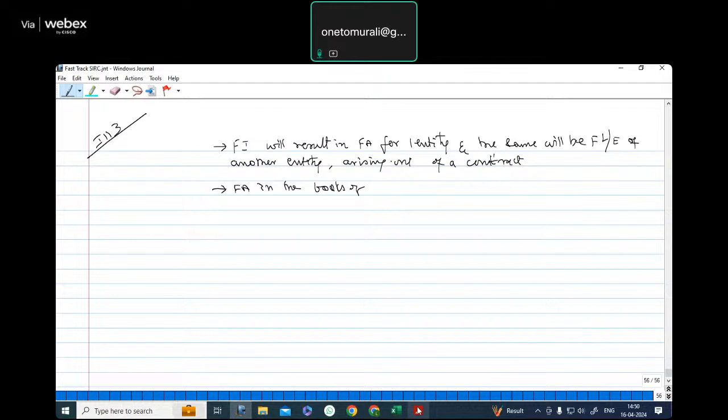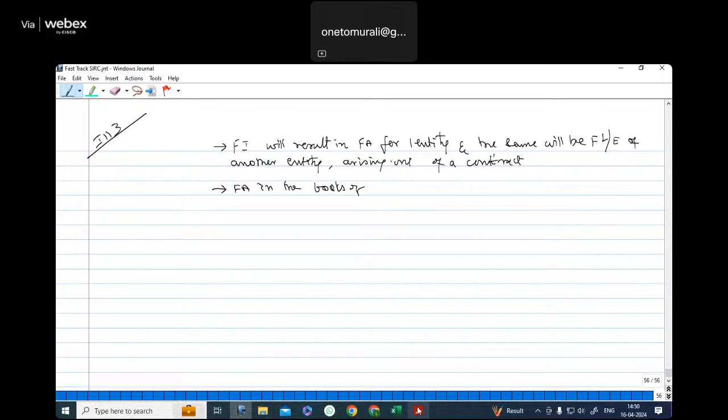Then number two, business model is to hold till maturity and having no intentions to sell.